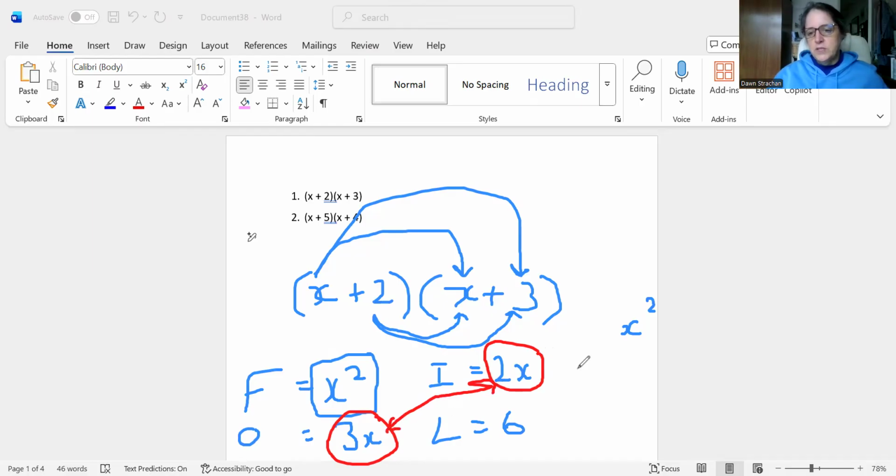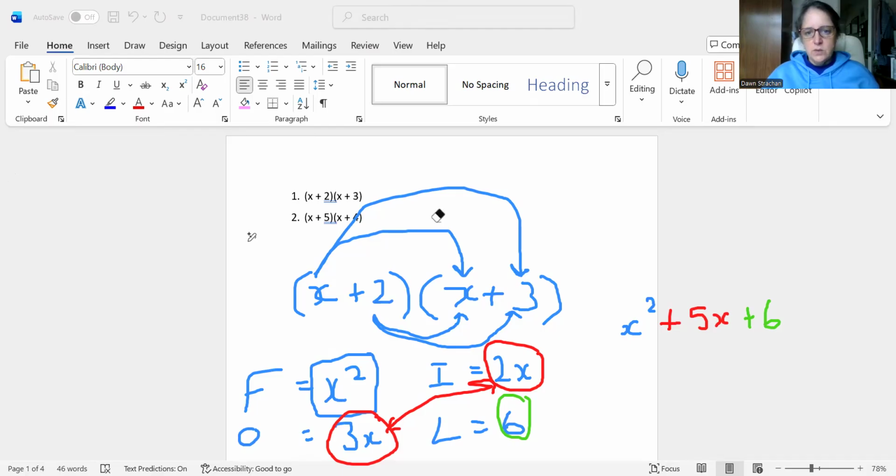So we've got 3x plus 2x, which gives us 5x. And then we're left with just a 6, which is here. So we'll pop that on the end. At the moment, everything is positive, so we don't need to worry too much about it. So our answer for the first one would be x squared plus 5x plus 6. Okay. So that's the first method.